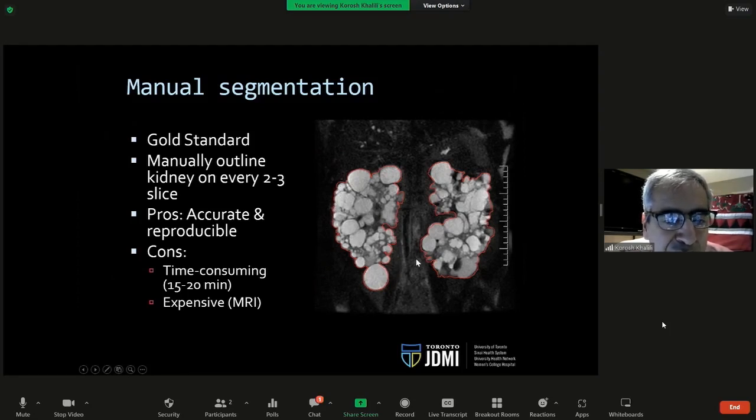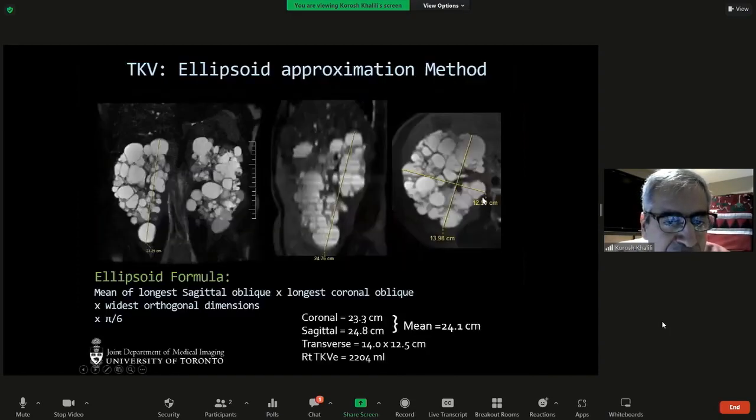And then you plug in the surface area and the multiple different slices of the kidneys, and you add the surface areas to get the total volume of the kidney. So this will require MR imaging often, but you can do it on CT imaging as well. And it's very accurate and it's very reproducible, but it's time consuming and also requires MR. MR is expensive, of course.